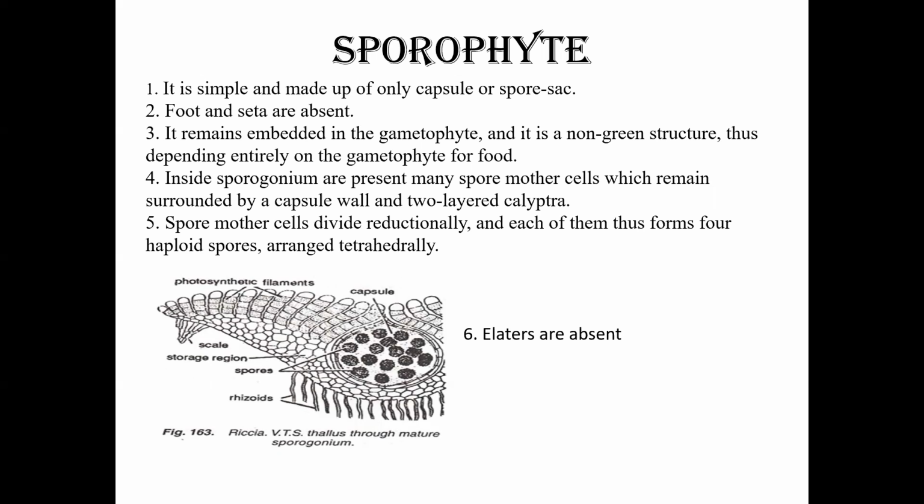They divide periclinally, and the wall of the venter becomes two-celled in thickness. Thereafter, the venter cells divide anticlinally, and ultimately a two-layered calyptra is formed.